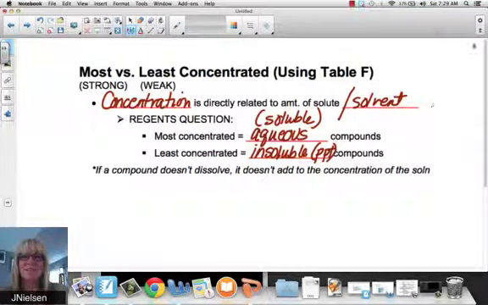And PPT is another one of our abbreviations. Remember that it means precipitate. A precipitate is something that forms when two aqueous solutions are mixed together and you form a solid. You get this chunking or sludge on the bottom of your test tube.